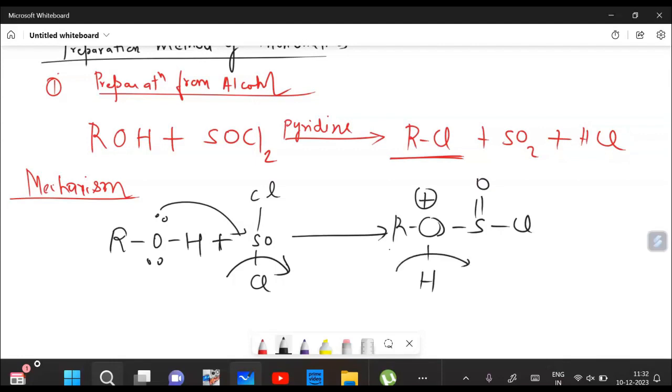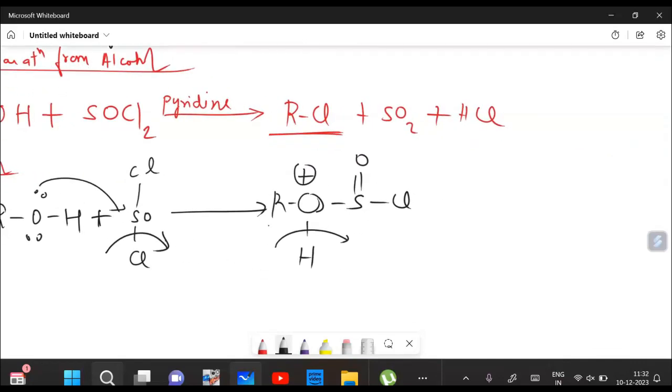In the presence of pyridine, the formation of RO S double bond O Cl, right?